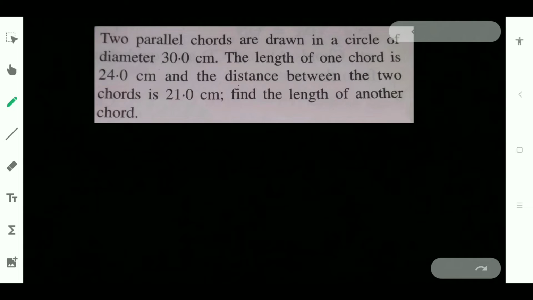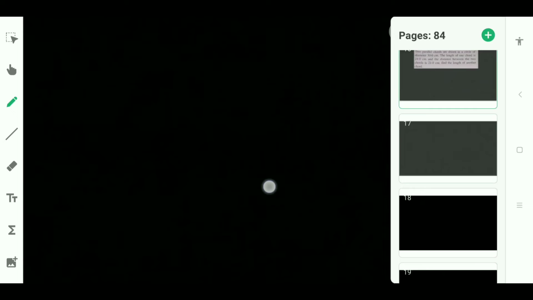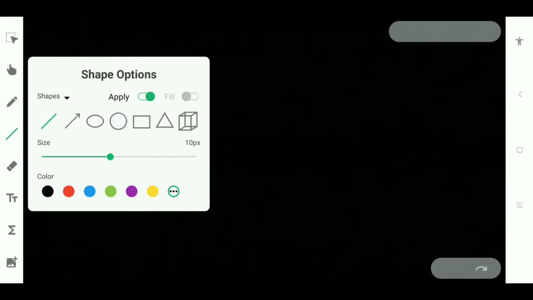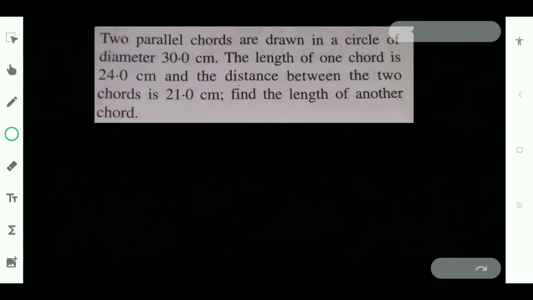So here, what is given is, I am just drawing the diagram here. You will be more clear with it. Two parallel chords are drawn.